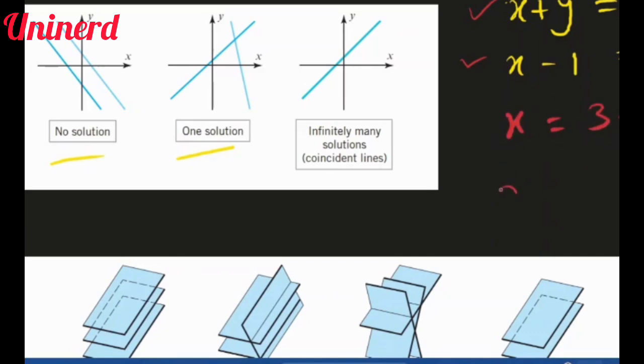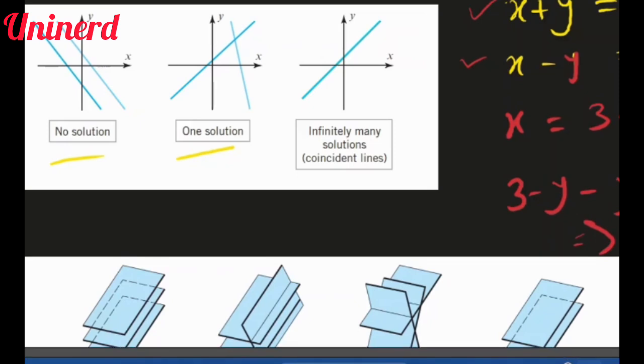If we replace the value of x in the second equation, we have 3 minus y minus y equals 1, so minus 2y equals minus 2, and y will be 1. If we replace the value of y, we get x equals 2. So we get the values of x and y, which are 2 and 1.